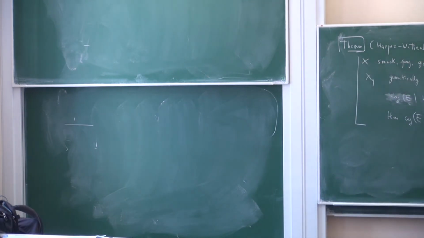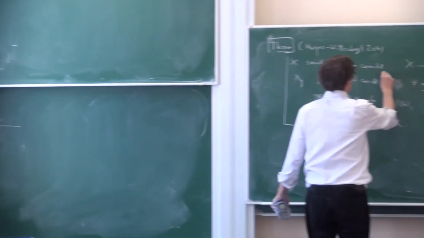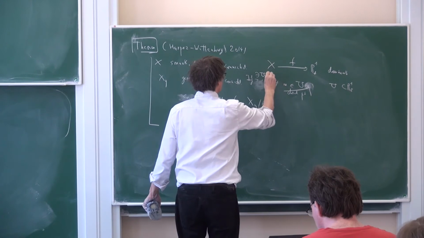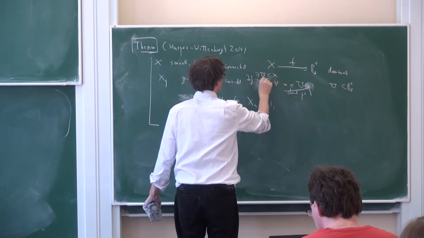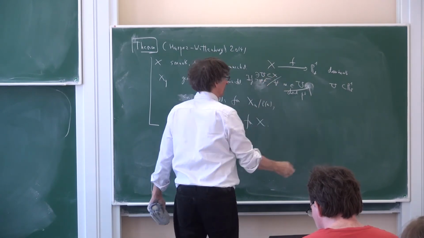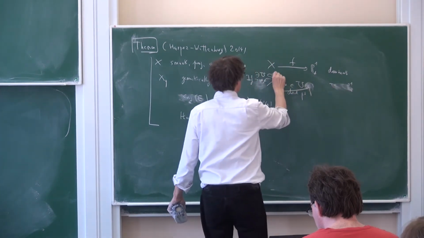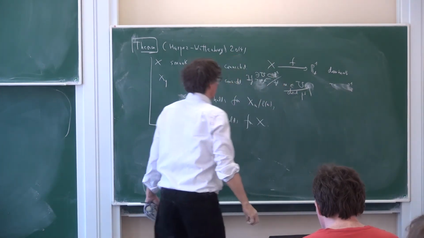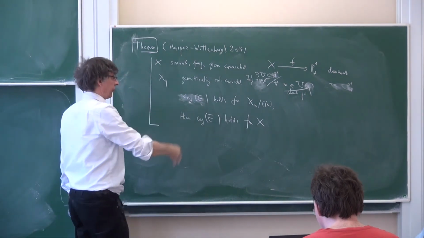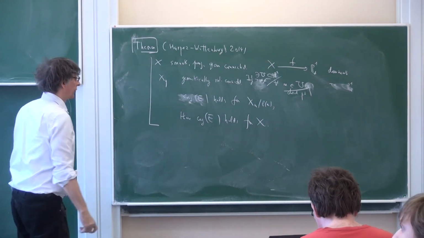There exists U not empty. So it's for M in U in P1, closed point, conjecture E holds for X_M, then conjecture E holds for the total space.